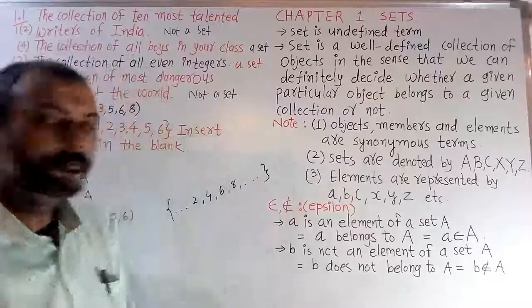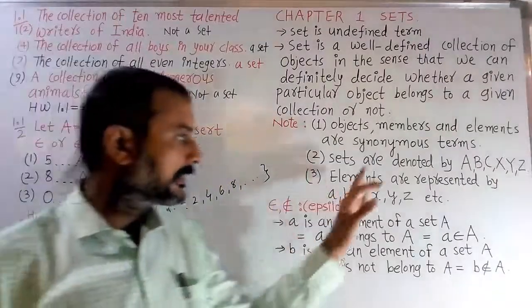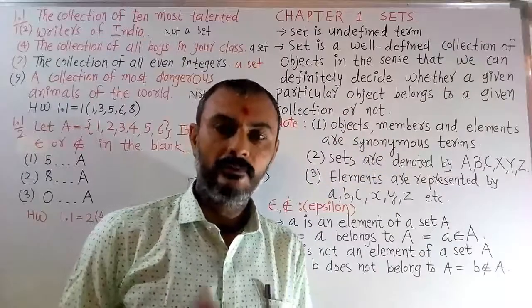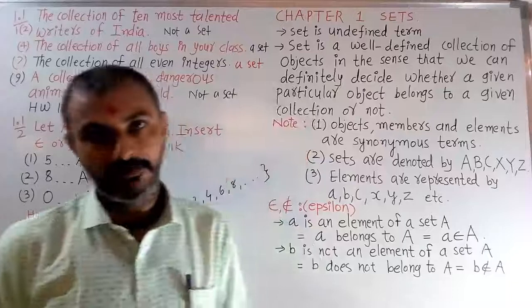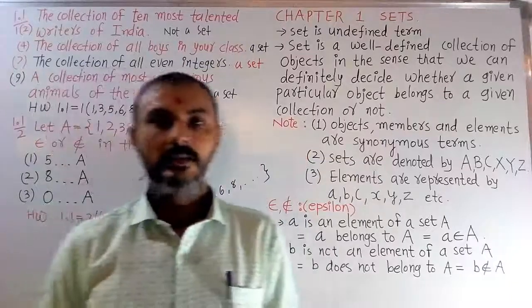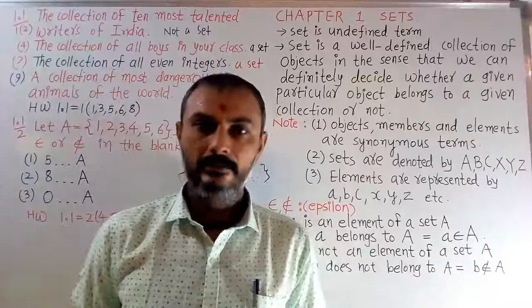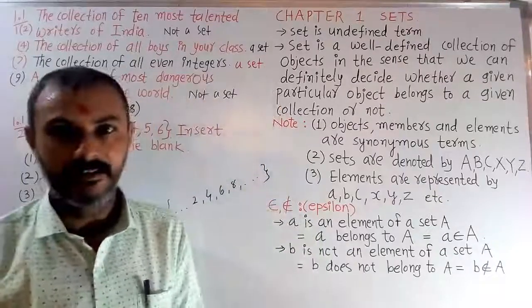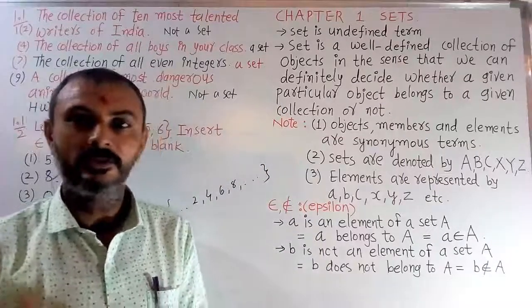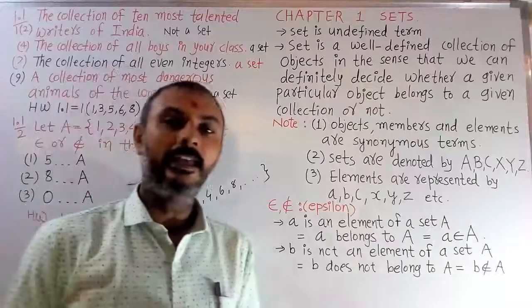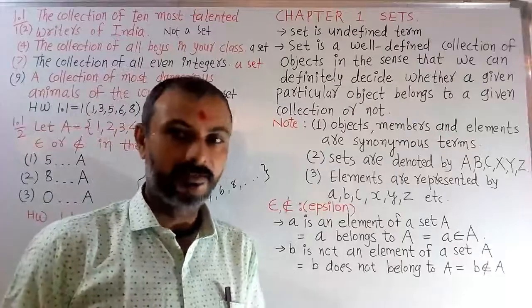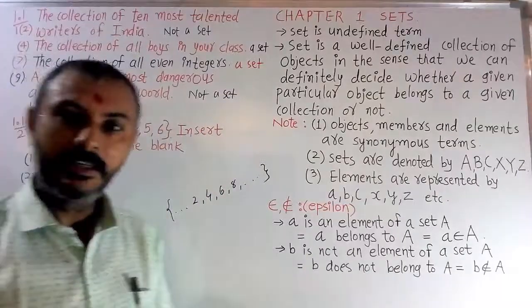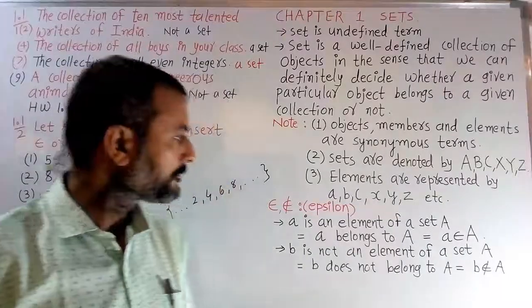Now, second, sets are denoted by capital letters. When we write a collection of objects, we denote it by capital letters A, B, C, or X, Y, Z, or P, Q, R, or L, M, N, whatever you can write. Remember this thing.